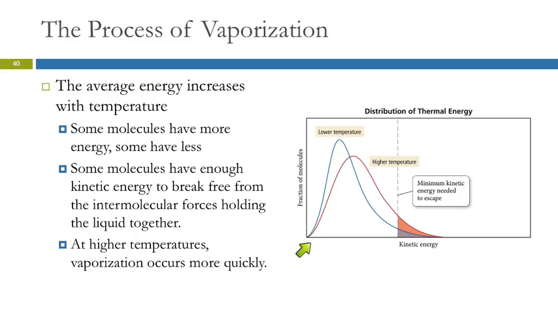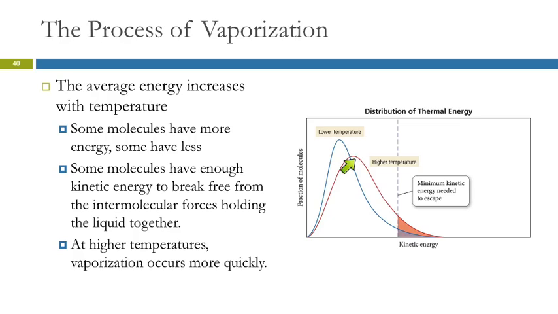So average energy. Here, if we look at the fraction of molecules versus kinetic energy at a given temperature, we're going to have some sort of a bell curve. So we've got an average thermal energy, an average kinetic energy, but some are very high in energy, and a few are very low in energy.